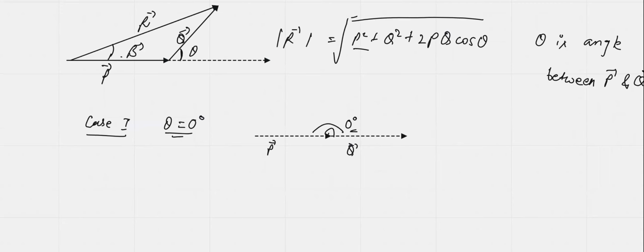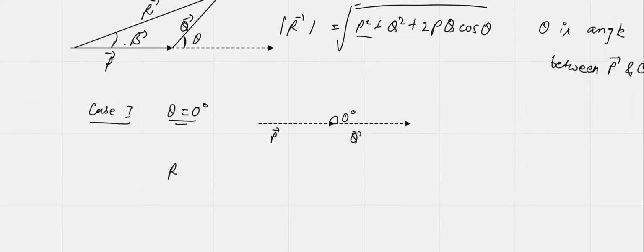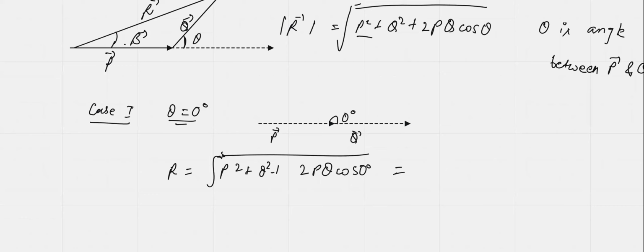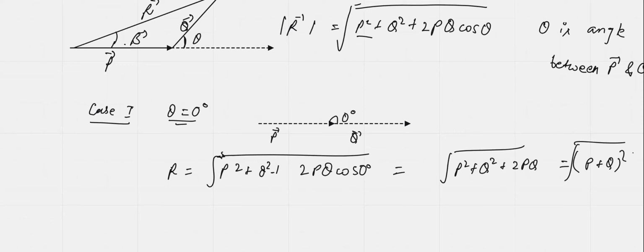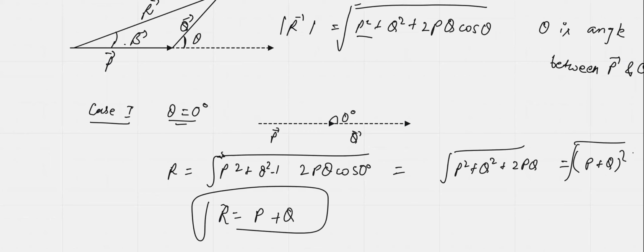Here to here, it's 0 degrees. So the resultant equals the square root of P square plus Q square plus 2PQ cos of 0 degrees. This comes out as P square plus Q square plus 2PQ. You can write this as P plus Q whole square. Under the root, it just cancels out. What you have got is simply the sum of both. This is the magnitude. Clear? Understood?